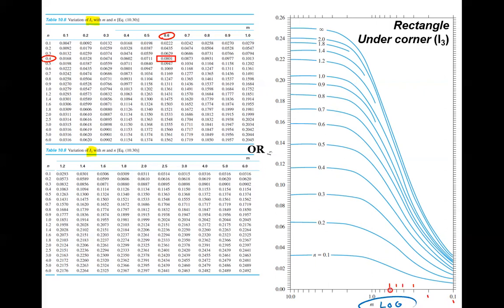Each one of these contours represents our n value, so our 0.4 n value is this contour right here. We would read up wherever it intersects with this contour.